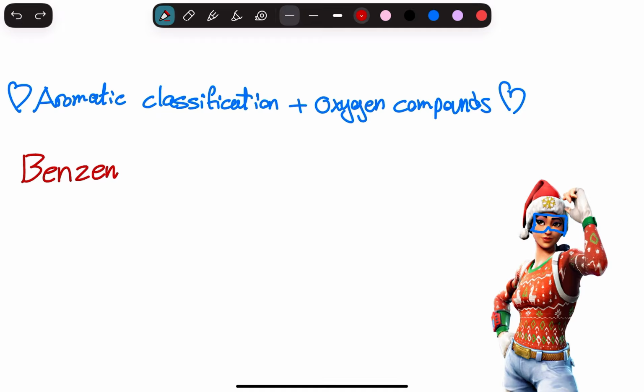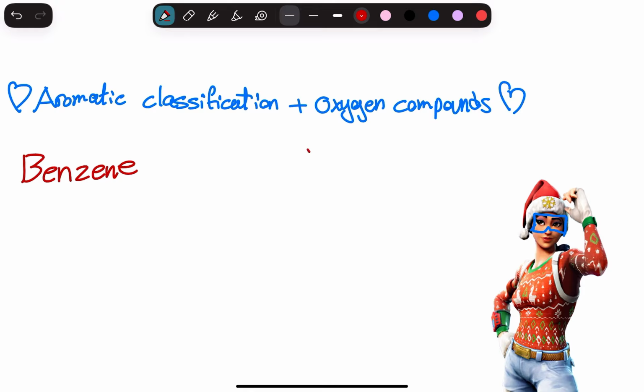Benzene is basically a ring of 6 carbon atoms, each bonded to one hydrogen atom. The only thing that makes it different from, for example, the cycloalkanes we talked about in the last video is that instead of being called a cyclohexane, it's called a benzene because it has alternating double bonds.